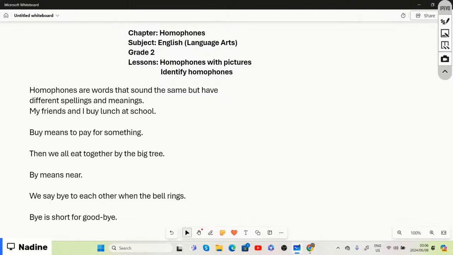If we look at certain words with the same sound, they have different spellings as well as meanings.